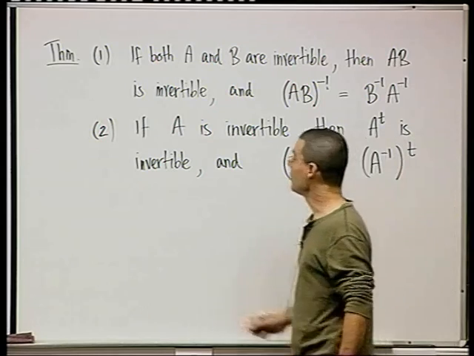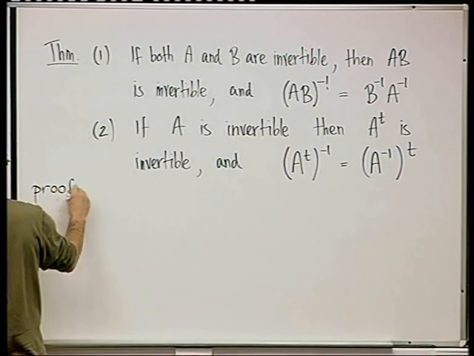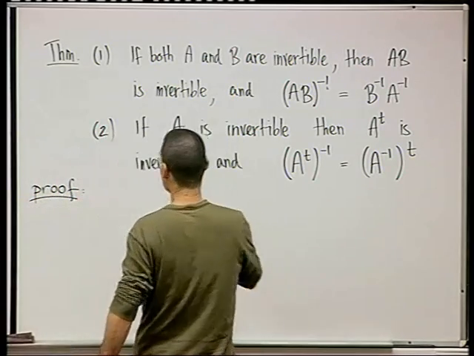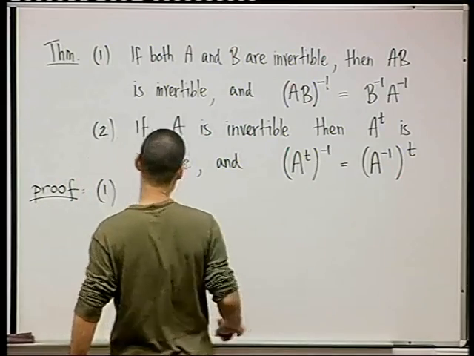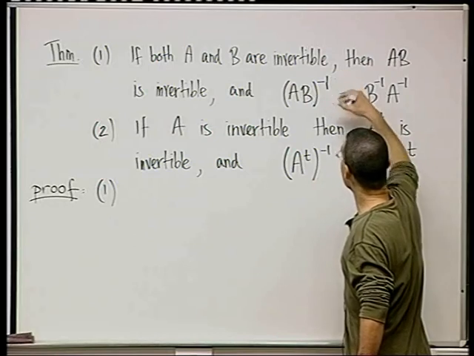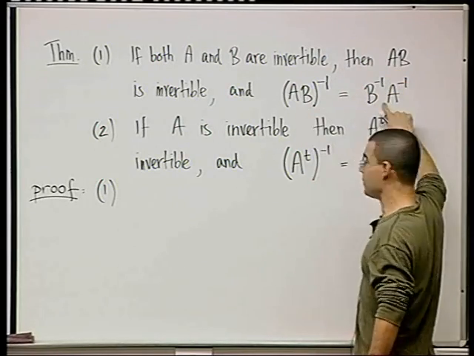Okay, so let's in fact prove them. So proof. Let's prove one. So what do I want to show? I want to show that the matrix AB is invertible and that in fact its inverse is this.